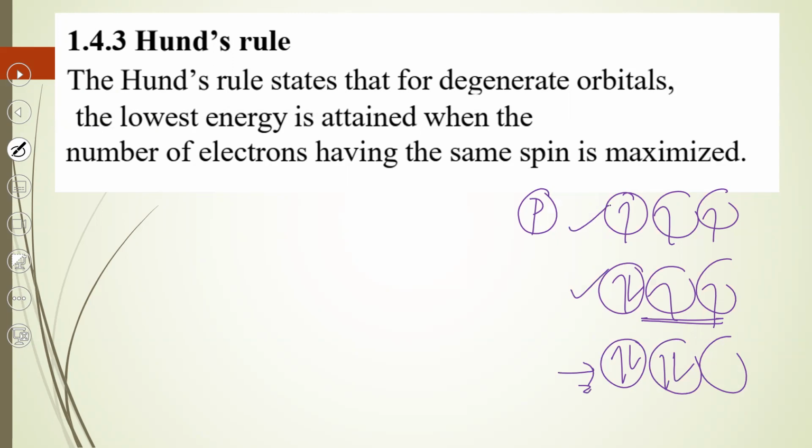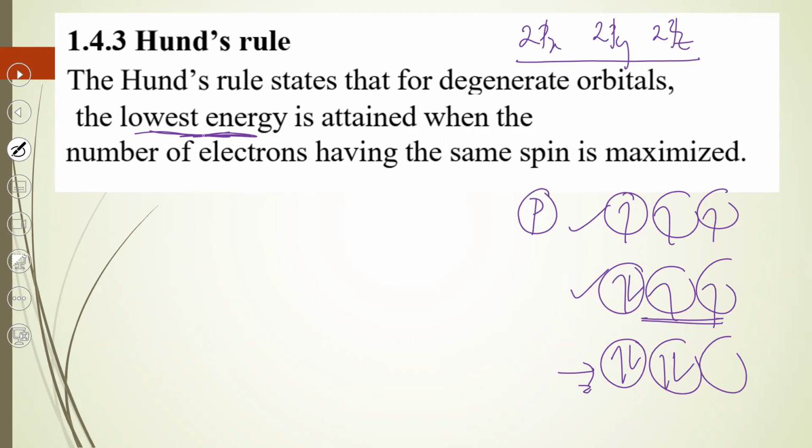Hund's rule states that for degenerate orbitals, right? Degenerate means 2px, 2py, 2pz. When you come to these three orbitals, this is the way you have to write. Hund's rule states that for degenerate orbitals, the lowest energy is attained, and lowest energy is more stable. According to some theories, if it is the lowest energy, it is highly stable.